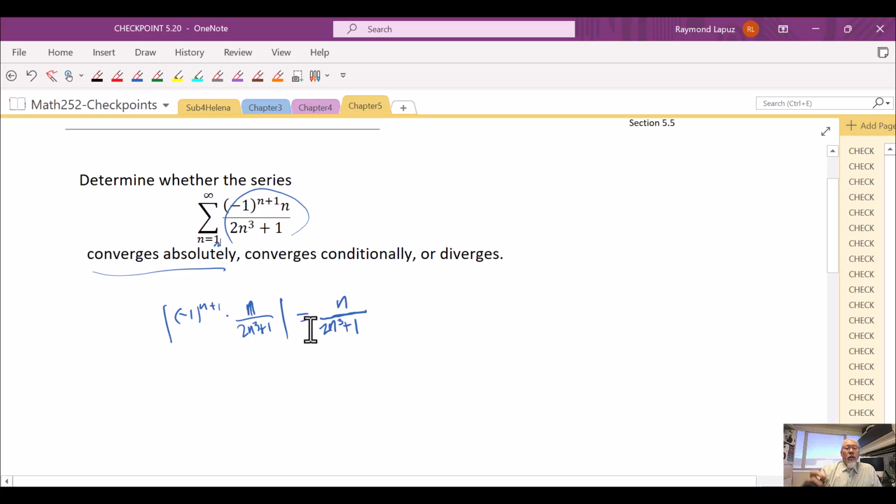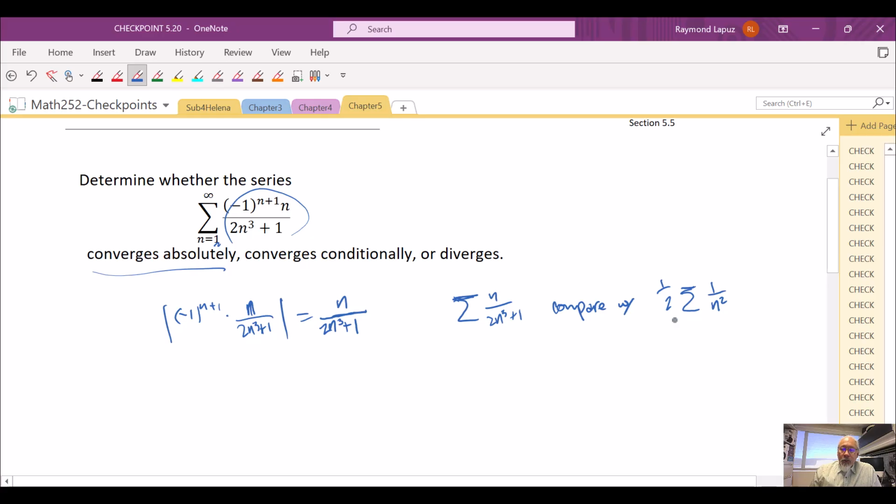All right, now we want to check what's happening here. This is n over 2n cubed plus 1. We're going to look at this as a series, and we want to compare it with 1 over 2n squared, or 1/2 times 1 over n squared, since the 2 has to be in the denominator.